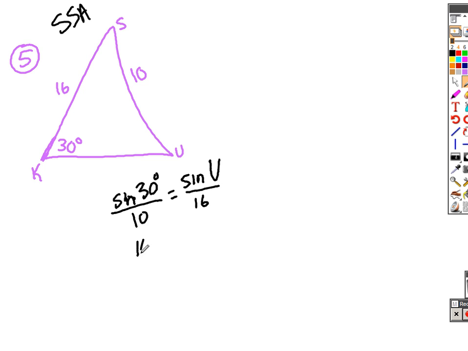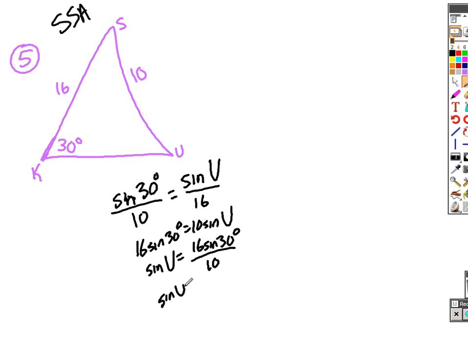Cross multiply, 16 sine 30 equals 10 sine u. That means that sine of u will equal 16 sine of 30 over 10. I'm going to take the inverse sine here and get that u itself is equal to 53.1 degrees.